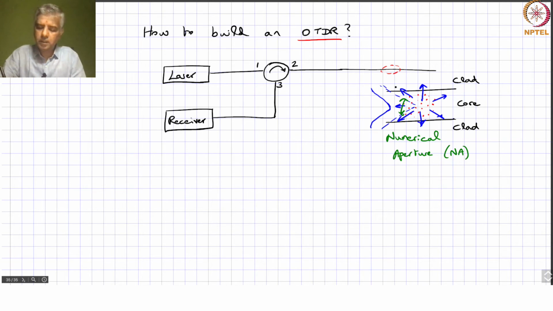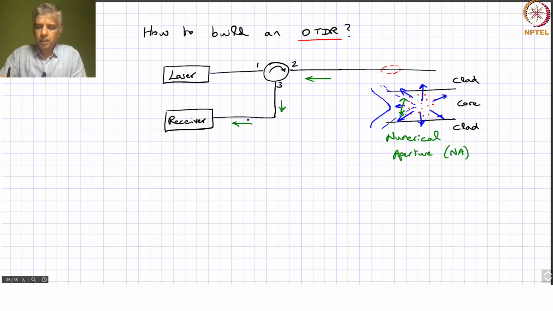So it supports only a cone of angles that is scattered. Only that will be captured within this fiber, and that is what is coming back here, and that's what is sent to your receiver, collected at the receiver.